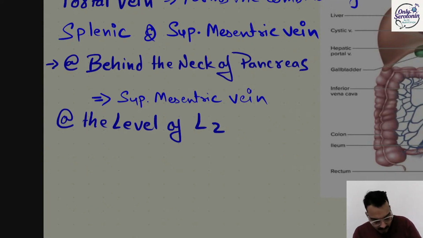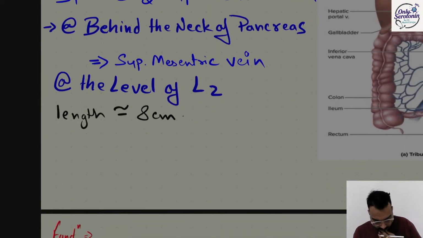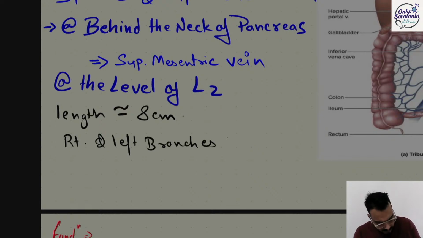What is the length of the portal vein, guys? The length of the portal vein is approximately 8 centimeters. Then this portal vein will give right and left branches to the liver.